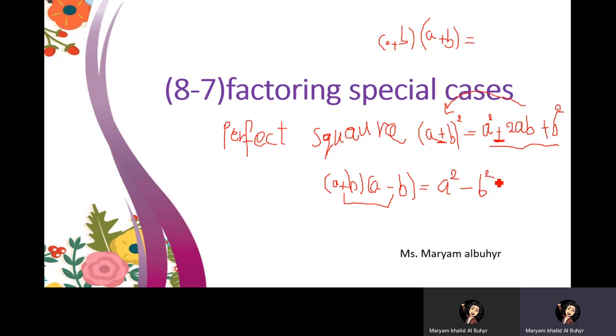That's what we learned before, how to move from this one to this one. Today, we are going to do the opposite. I will give you this one, and you will directly write this one, and we have a special name for this rule or this property: difference of two squares.